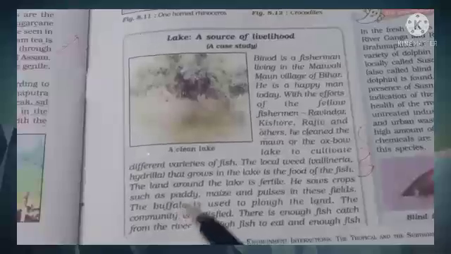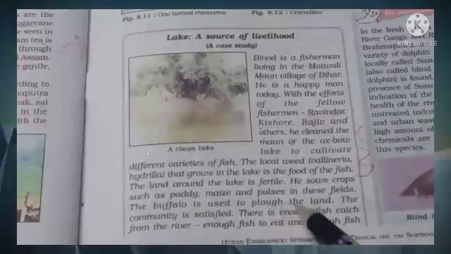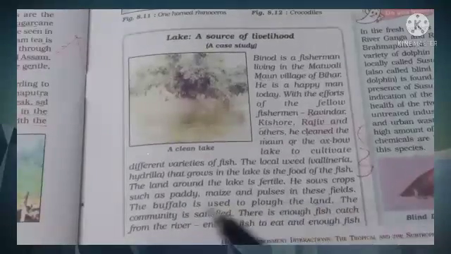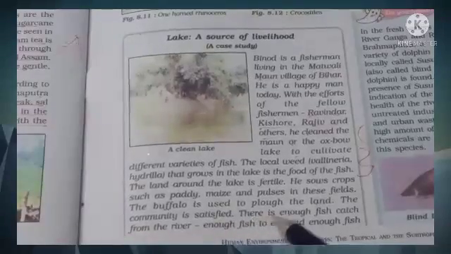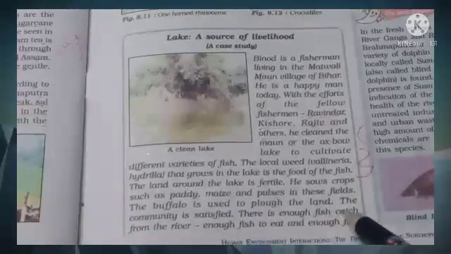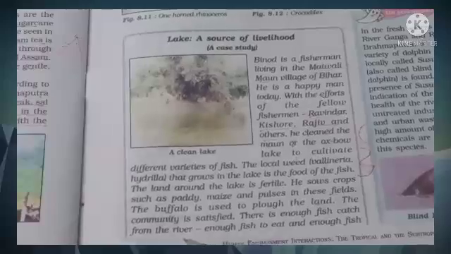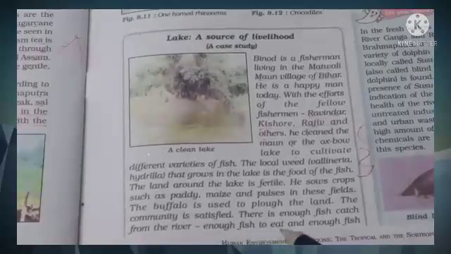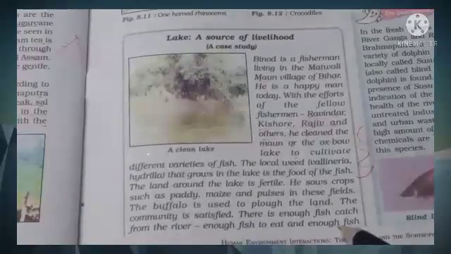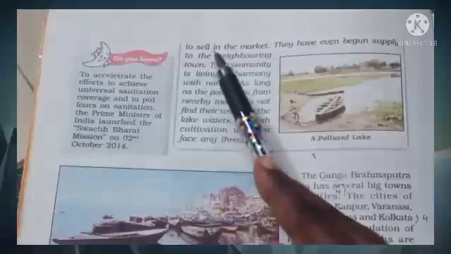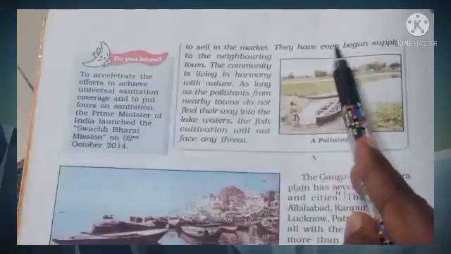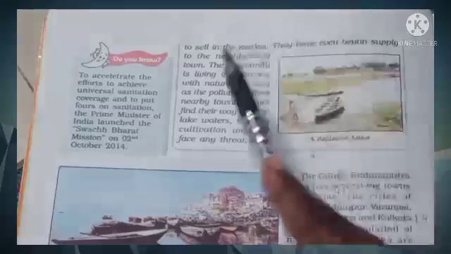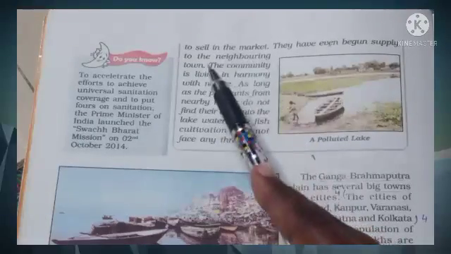The buffalo is used to plow the land. The community is satisfied. There is enough fish catch from the river, enough fish to eat, and enough fish to sell in the market. They have even begun supply to the neighboring town.